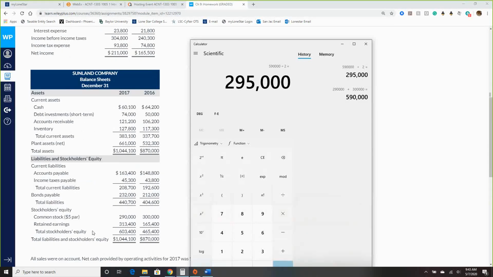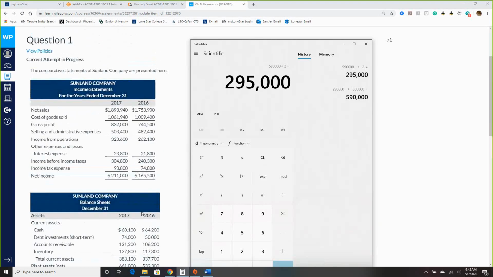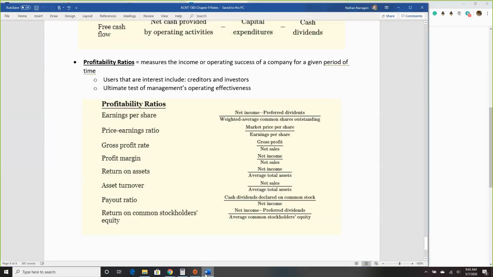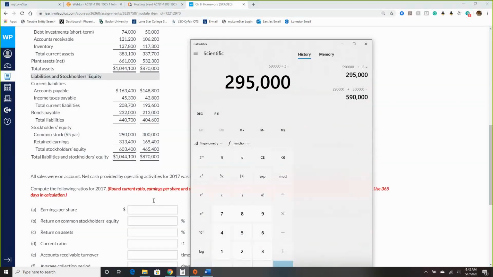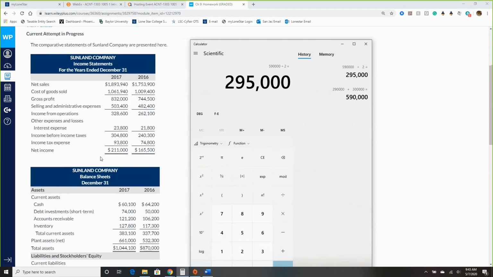Now I can already see that there's no dividends because there's no dividend account being done, and they didn't add any extra information. So next, again, we're going to take the net income. Since it's 2017, we're going to use 2017 net income and divide by this weighted average. So net income right here, 211.